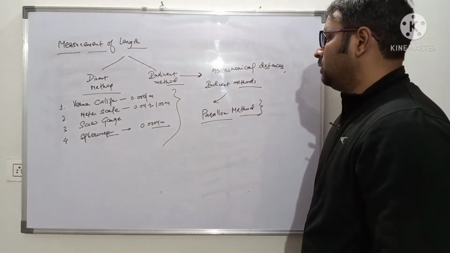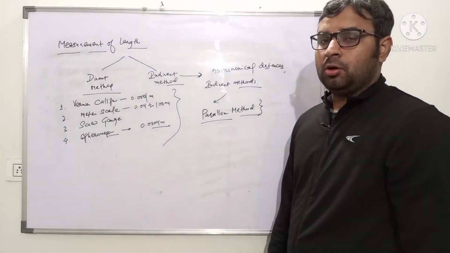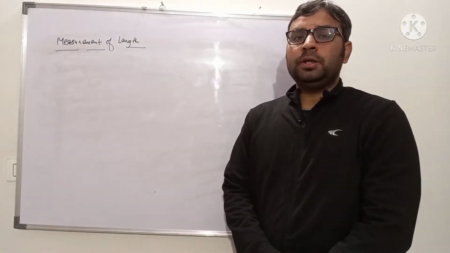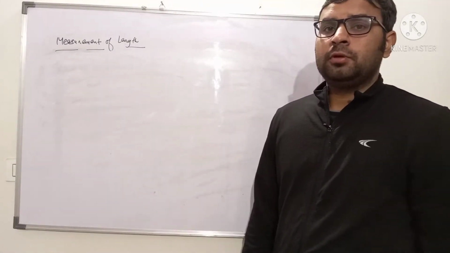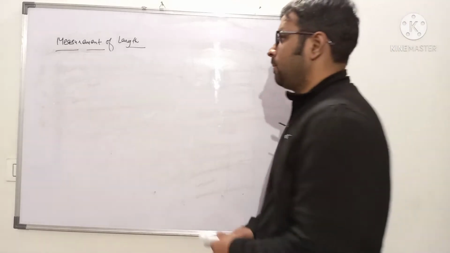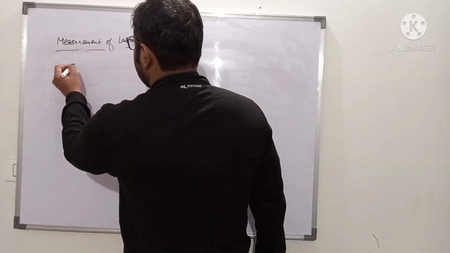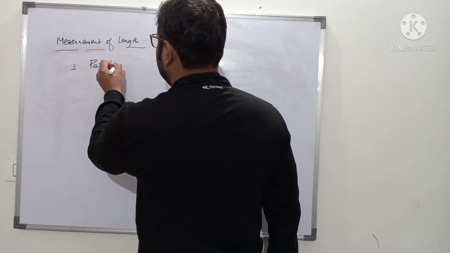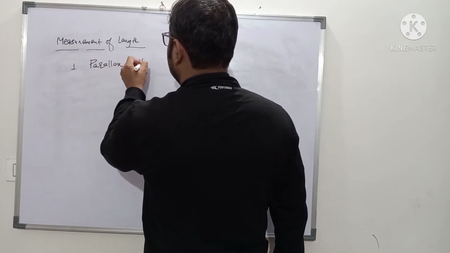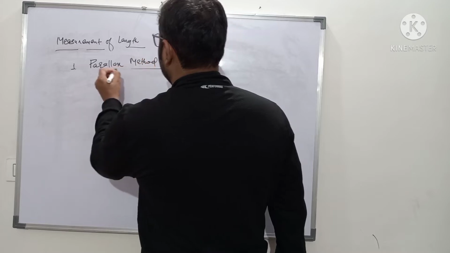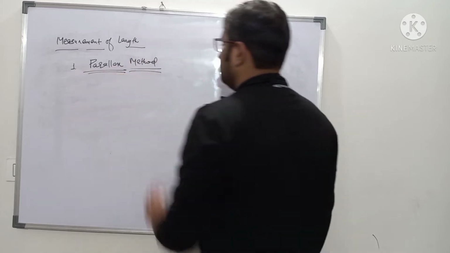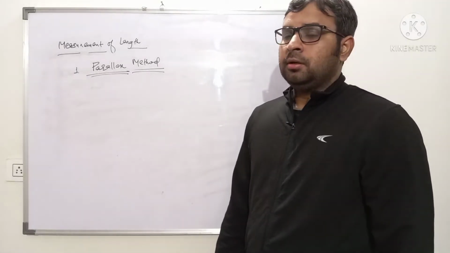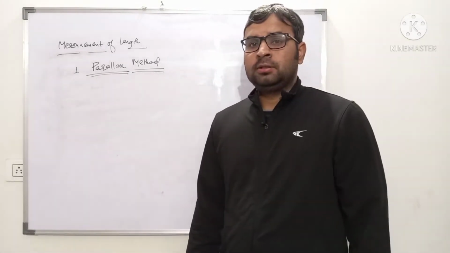So first of all, let us understand the theory of parallax method. Let us move on to the next topic: measurement of length using indirect method, which is parallax method. Now what is parallax?